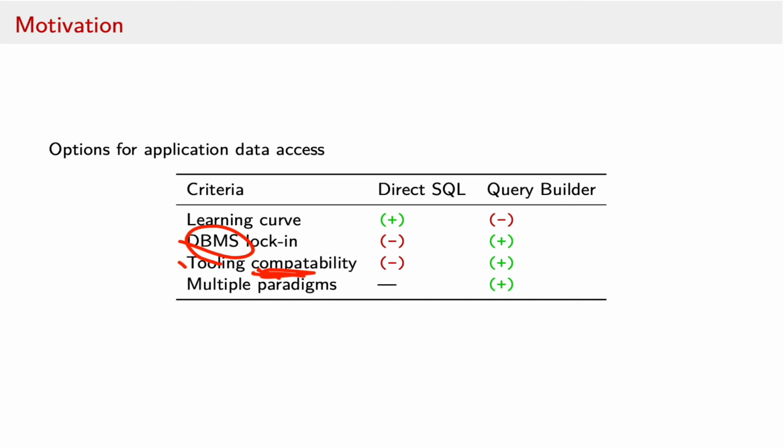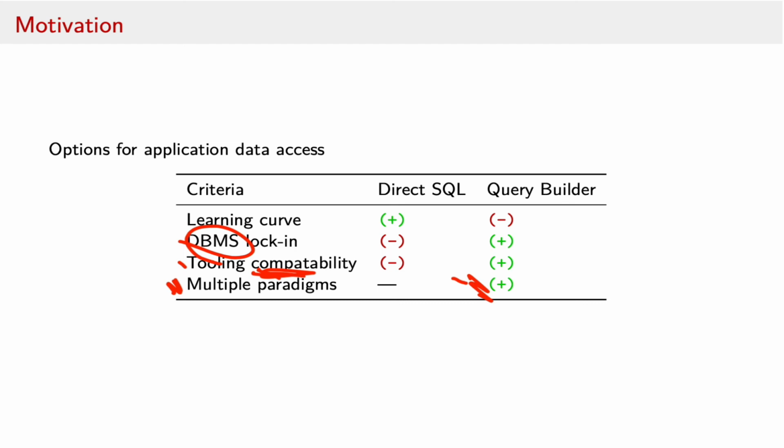Finally, different paradigms for development, and this is a little bit more abstract. When you're writing SQL directly, you have little choice but to write SQL. But if you're using a query builder, like even the one that we're going to look at in JavaScript, you could write more imperative code, you could write functional code, you could write object-oriented code, using different development paradigms that fit with your particular project, your particular team, your experience level, or your knowledge of particular technologies.